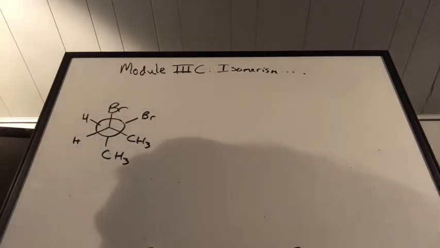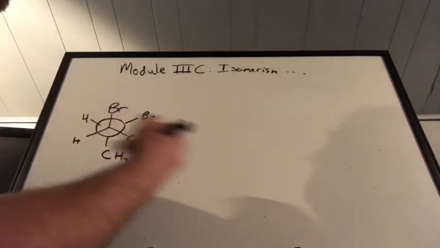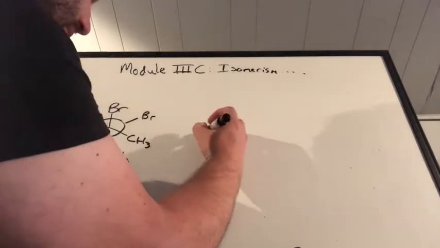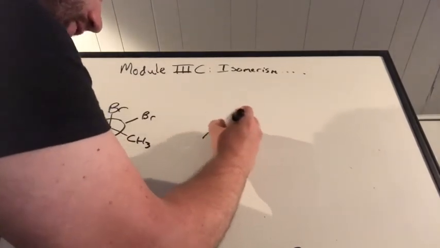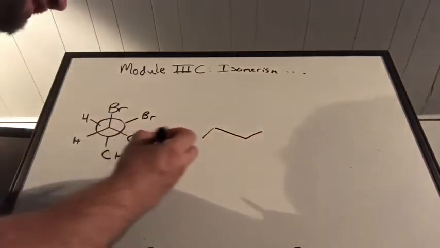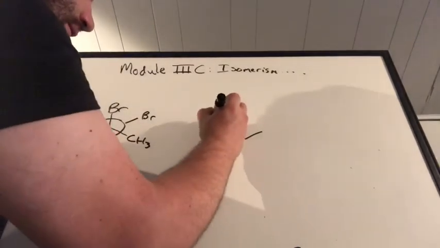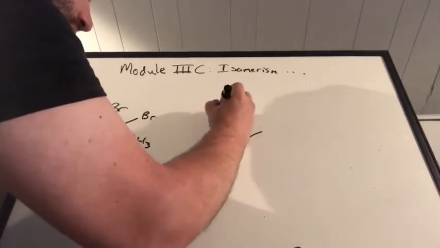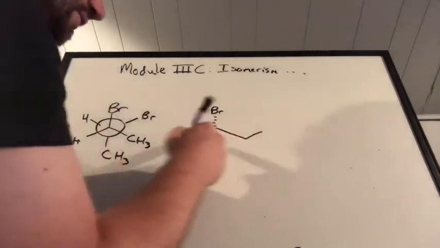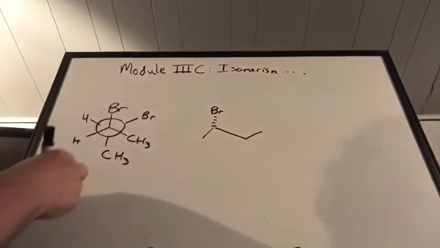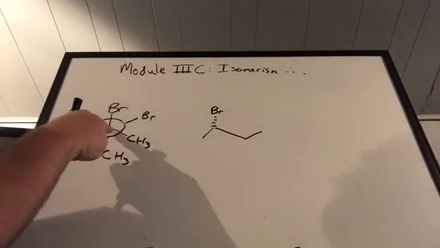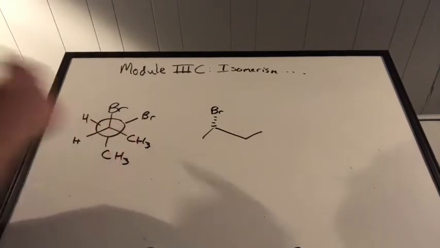Like I said, just to recap, isomers versus conformers. This is not going to be the same as this one with the Br. So this is the four carbons: 1 carbon, 2 carbon, 3 carbon, 4 carbon.